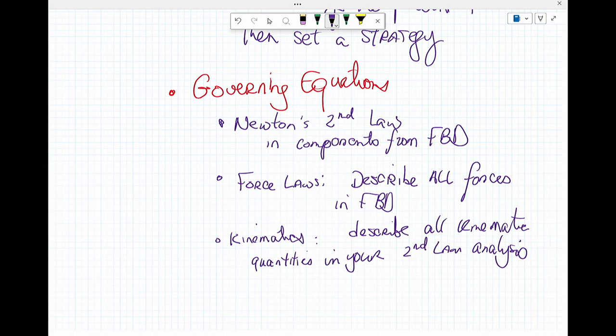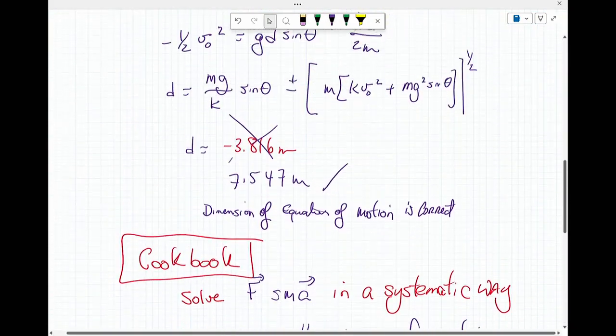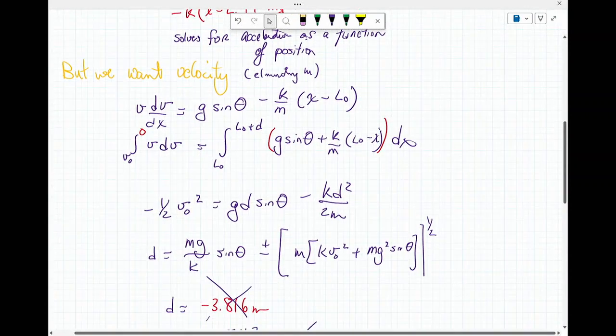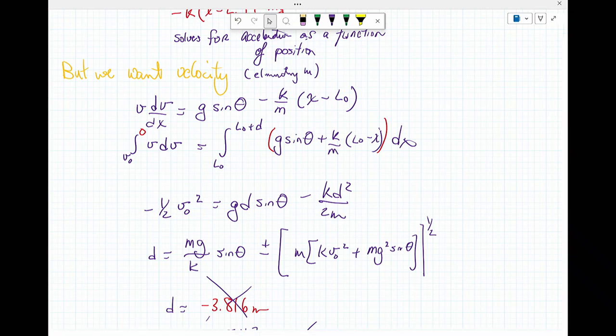Then you take in the kinematics. So for example, on this problem, we went through and we looked at the kinematics at the end when we derived this relationship right here. So we recognize in this case that you have a term that goes as v dv dx.